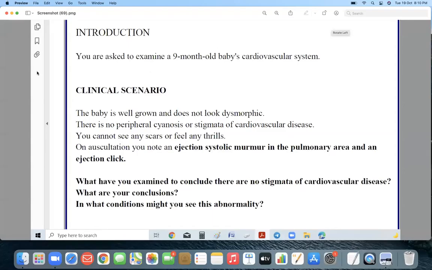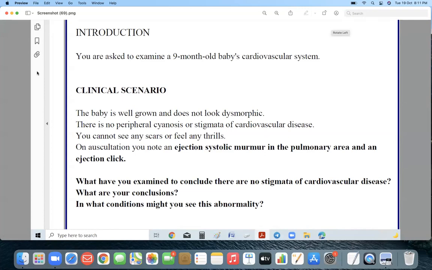Yeah, it's a case of simple pulmonary stenosis. But they ask us to find other features of Noonan syndrome, because it is associated with this, in the examination only. Accordingly, the finding is there, and we have to see the other stigmata of infective endocarditis, and also other stigmata of heart failure.